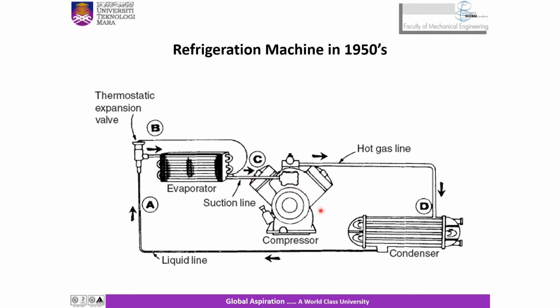So this compressor was very bulky, and the application of refrigeration was mainly limited to industrial applications, where they were used to manufacture ice, and then that ice was sold to individuals for their domestic application. So again, the components here consist of a compressor, evaporator, an expansion valve, and also a condenser. So these were the refrigeration machines in the 50s.